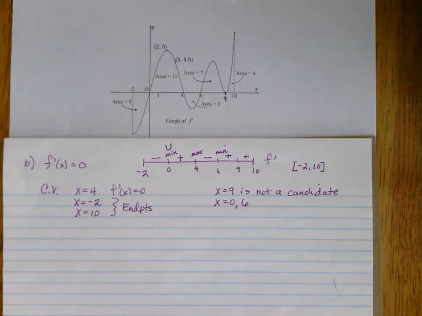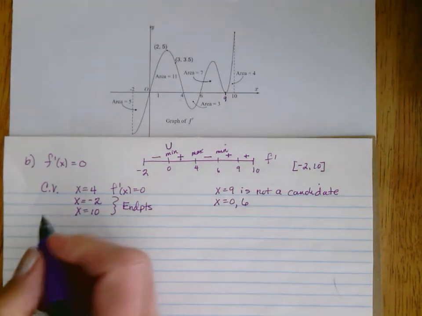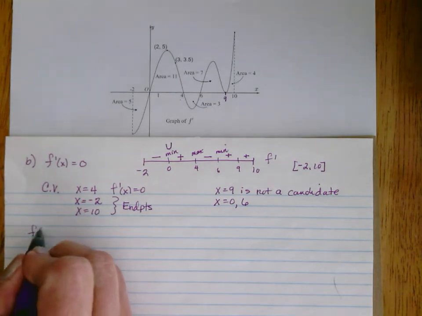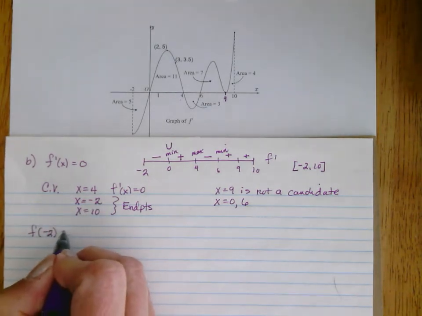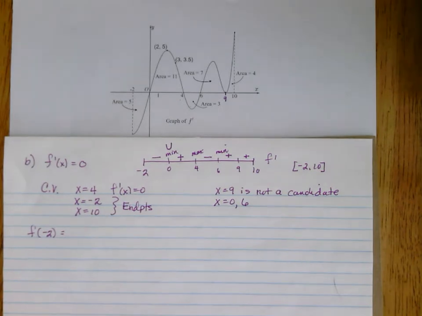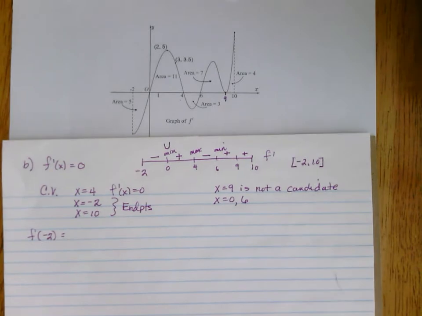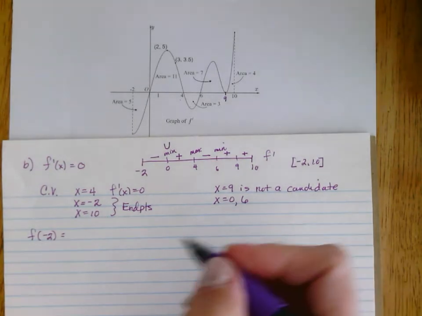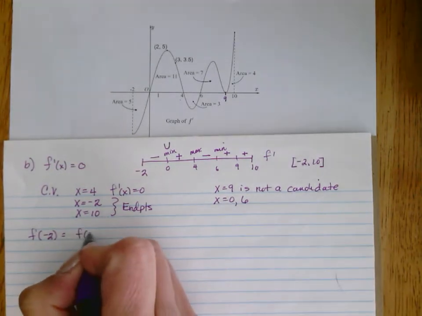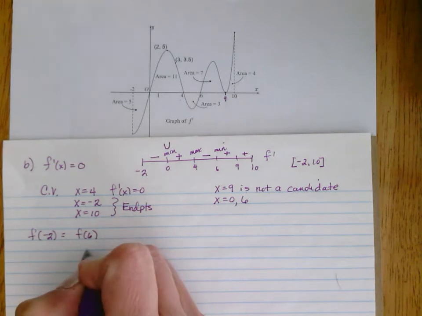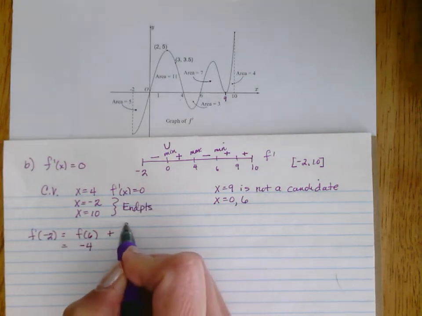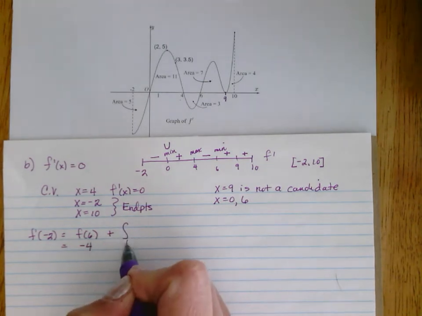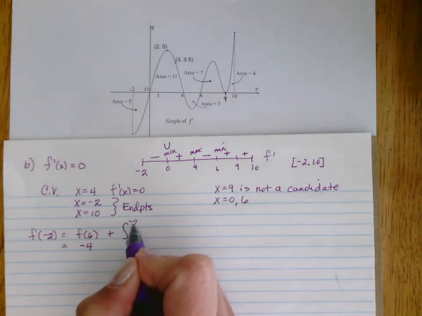Okay, so now we need to find those values. I'm going to do them in order. So let's do f of -2. To find f of -2, again, I need to use my initial condition, and my initial condition was f of 6 is equal to -4, and then I add that to the integral of f prime of x, remember this is the x value, so 6 is on the bottom, -2 is here.